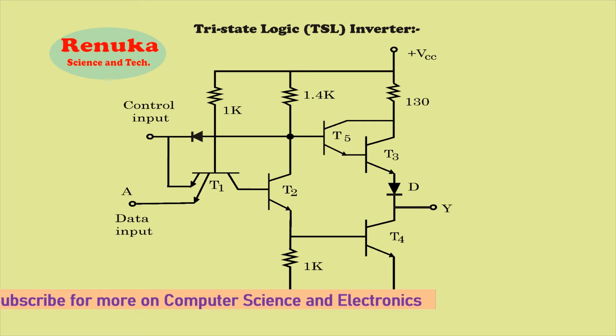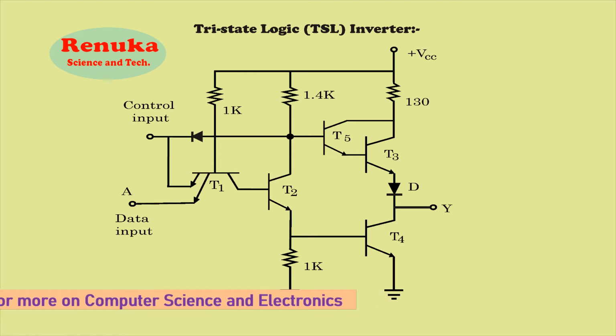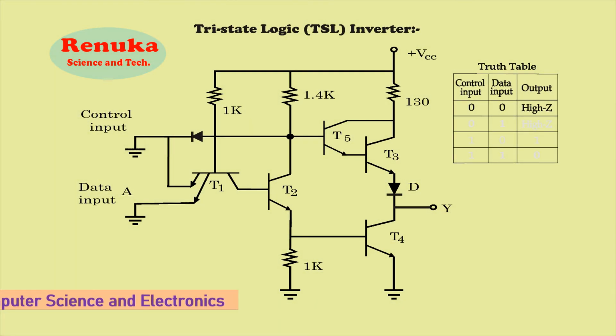So let us have a look at the input condition and output condition. Let us discuss the working of this transistorized circuit. Now, as we know that there are two inputs, there will be four possibilities of inputs. Let's have a look at the truth table.